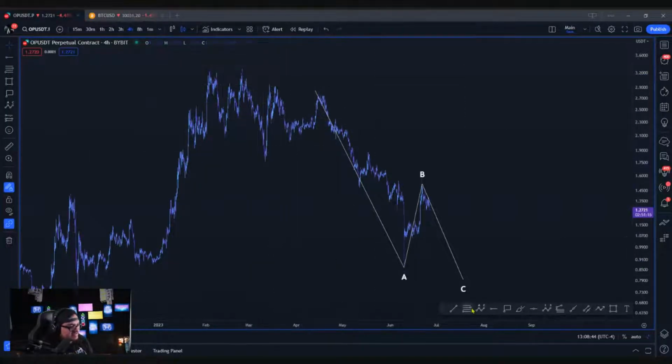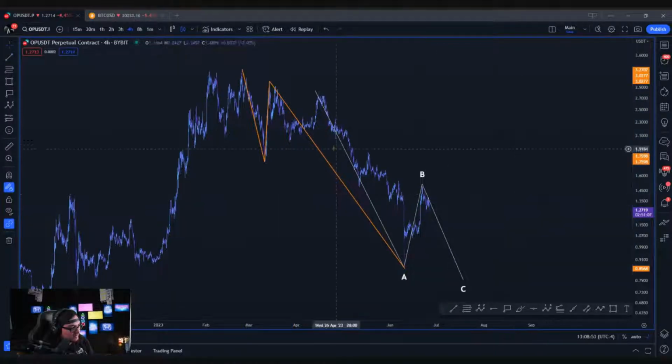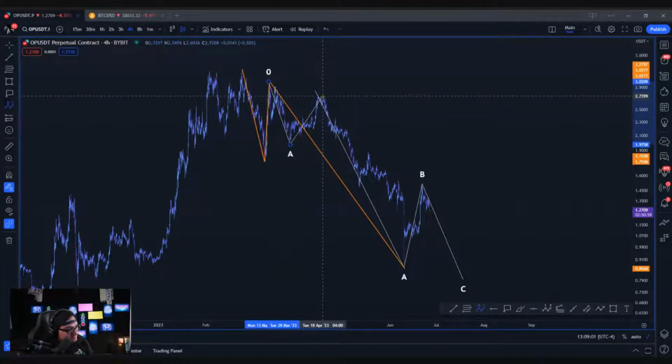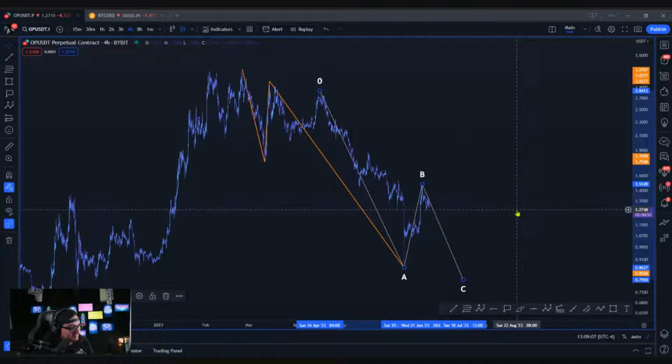This would actually paint it as still an ABC. But the larger separation and trend has me thinking that this is part of A to B to C. So we do have the possibility of this happening.